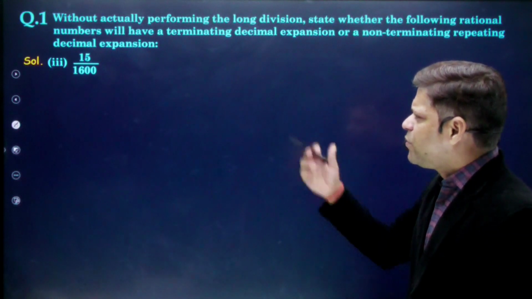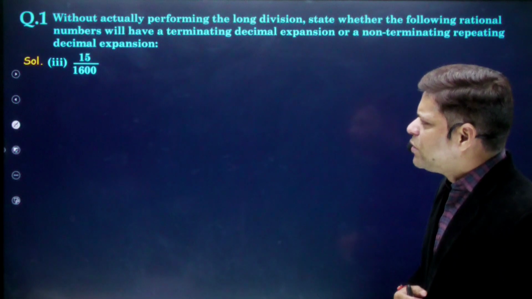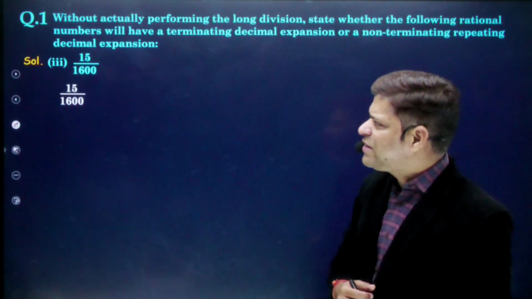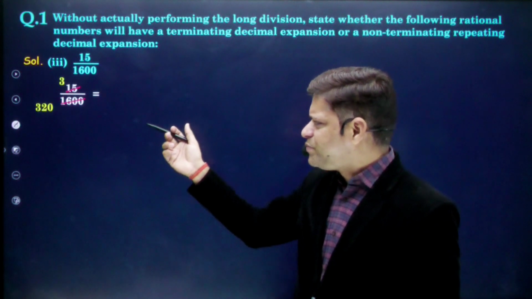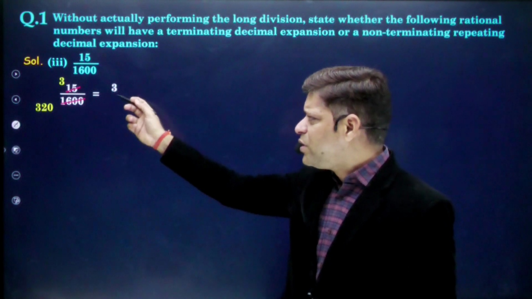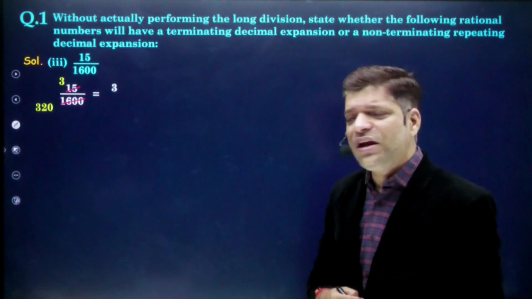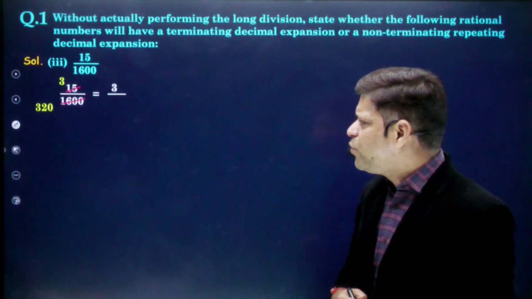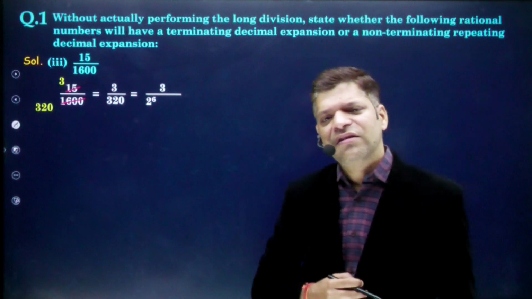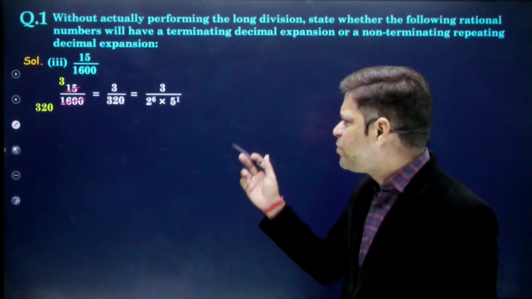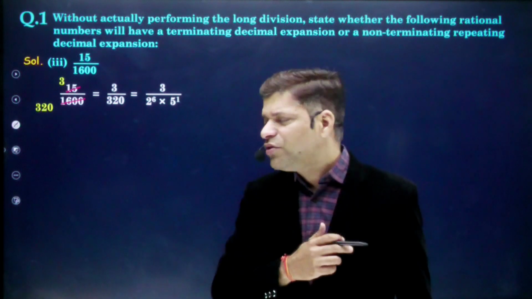Okay, more examples we can do. The third part is 15 over 1600. It can be cancelled out by 5 three times, and this gives 320, so it will be 3 over 320. The prime factorization of 320 will be 2 raised to the power 6 into 5 raised to the power 1.